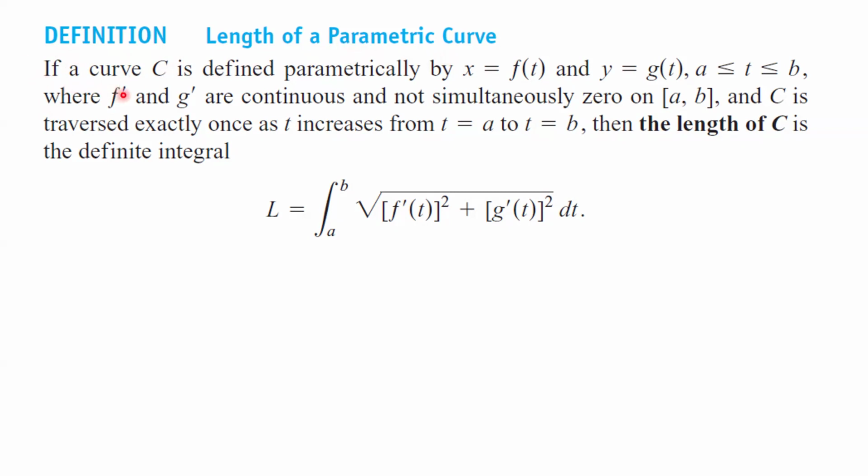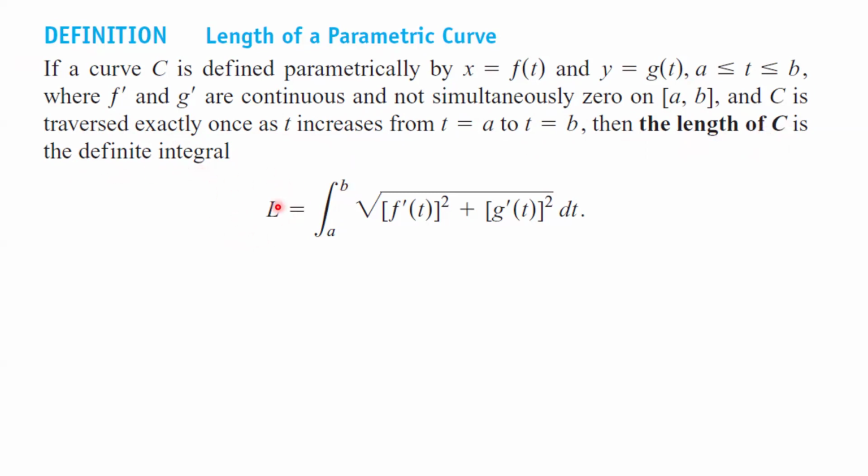We saw that if we have a curve C, which is defined parametrically by x equals f of t and y equals g of t, it means that your position x and y depends on parameter t, and t is bounded between a and b inclusive, where f prime and g prime are continuous and not simultaneously zero on a and b, and C is traversed exactly once as t increases from a to b, then the length of C, or this curve, is defined as a definite integral.